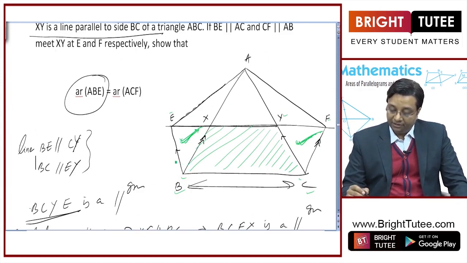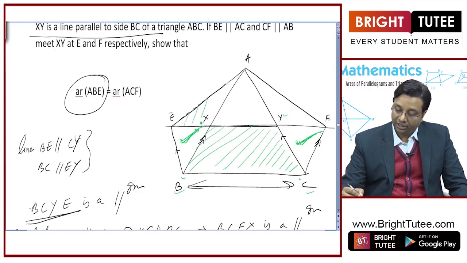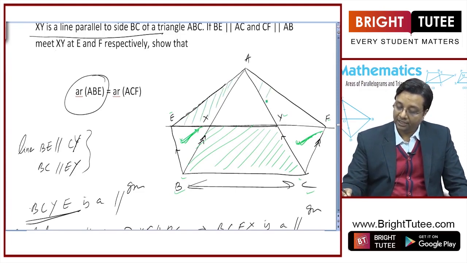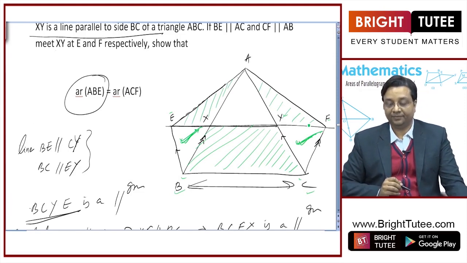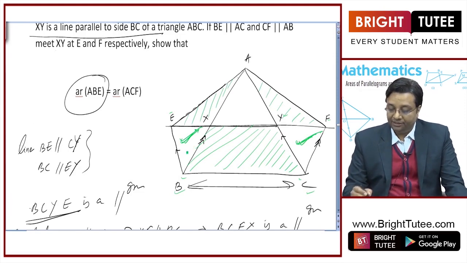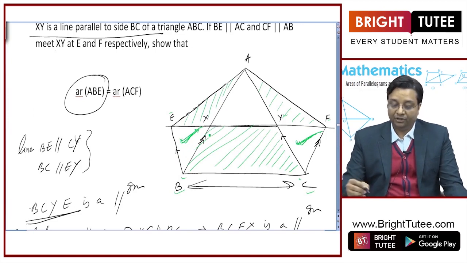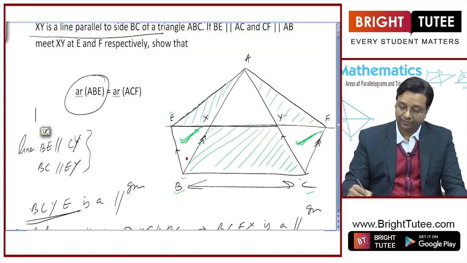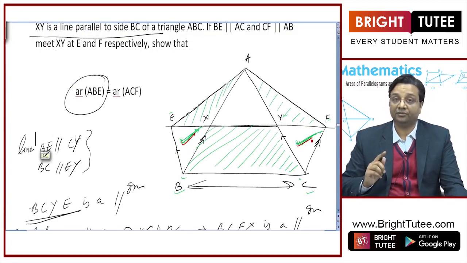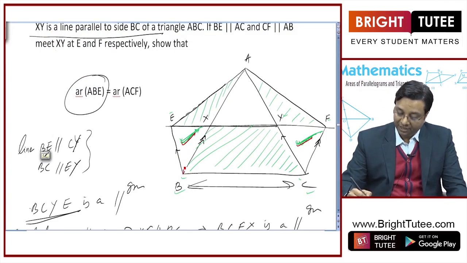And another thing, now I need to look at these two triangles, this triangle and this triangle. Okay. See, these two triangles have got equal areas. This triangle and this triangle have got equal areas, and they have got same heights because these lie between same parallel lines.